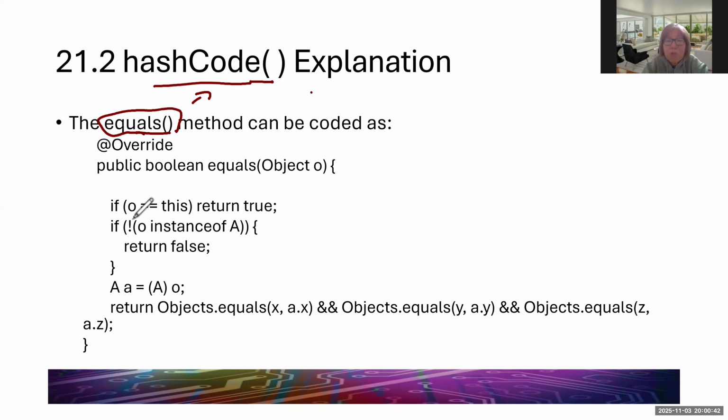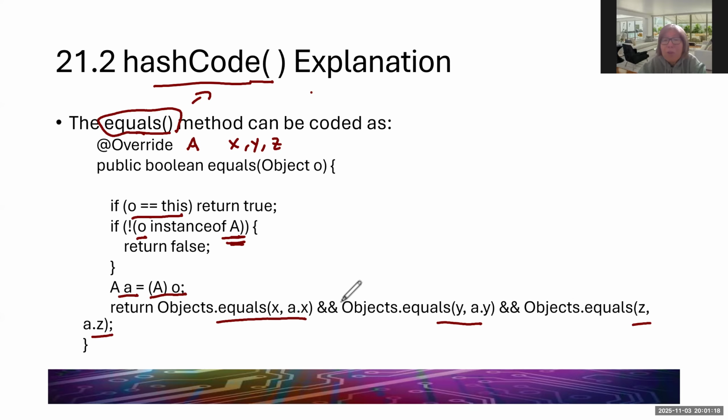First, determine if the object is the object itself. Then determine if the object is of the specific class you defined. Then we can cast the object to this class. Based on class A, suppose it has three fields x, y, z, then you need to compare each of the fields.